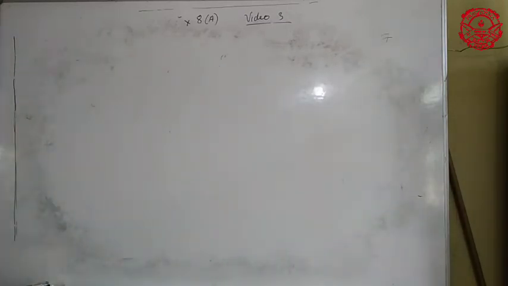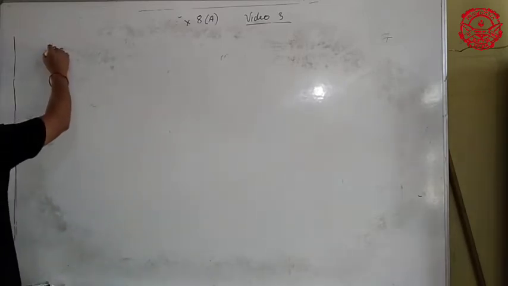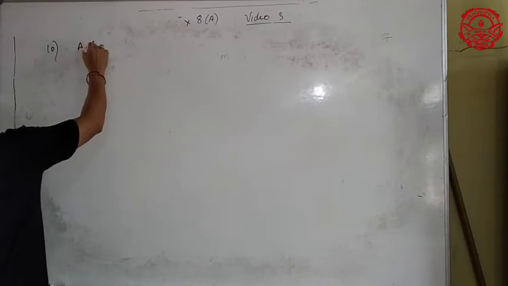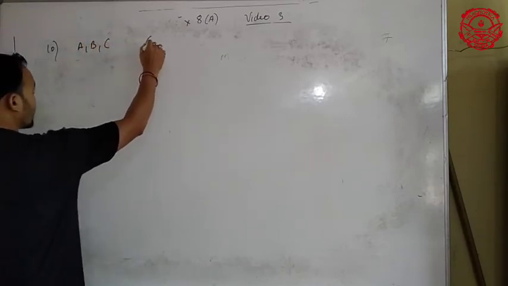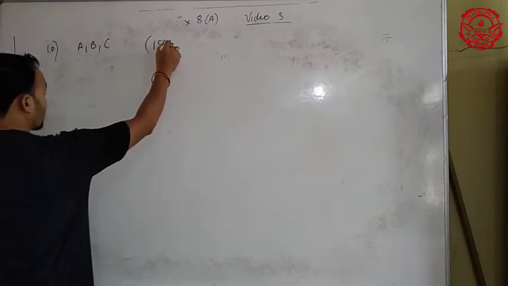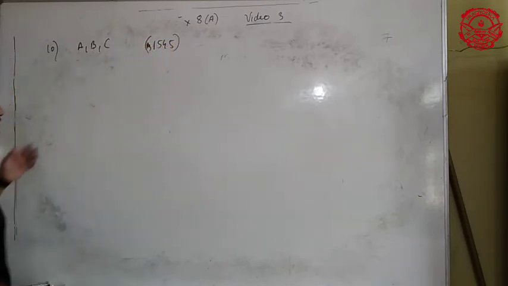Divide 1545 between 3 people A, B, C. I have to divide rupees 1545 among A, B, and C. A particular ratio is given.